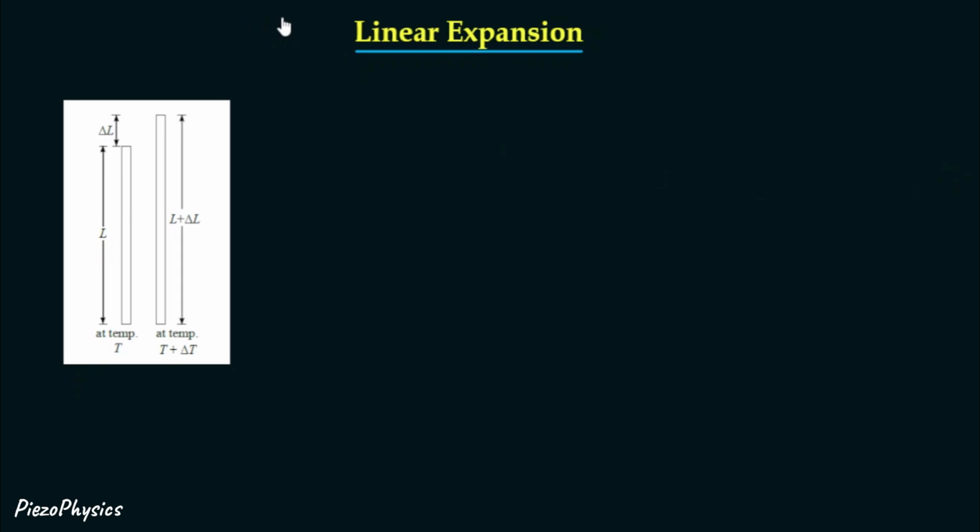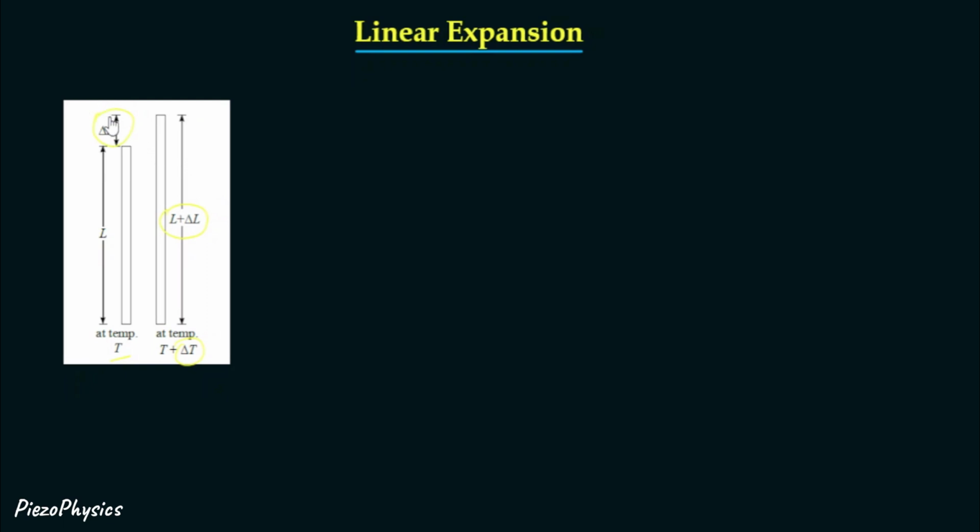So now let us discuss what is linear expansion. Consider one solid scale of length L at temperature T. Now, if the temperature is increased by delta T, then this solid scale will expand by delta L. And now the new length of the solid scale will be capital L plus delta L, right?